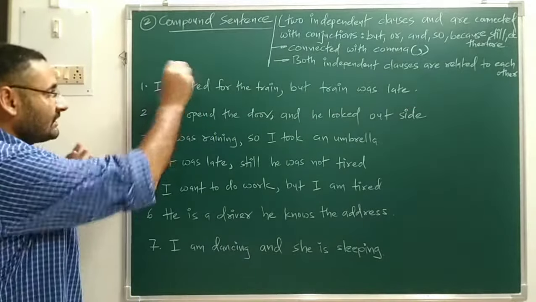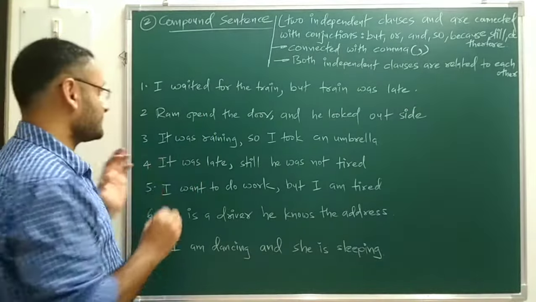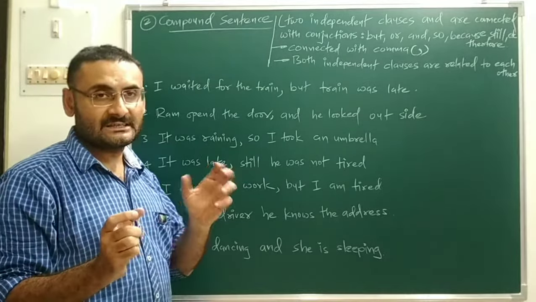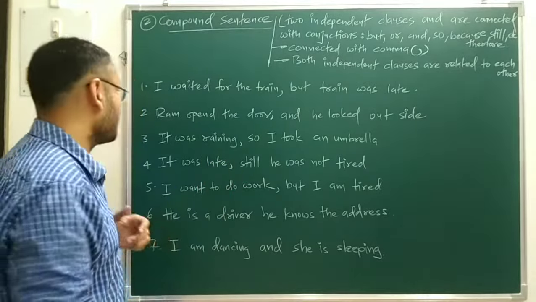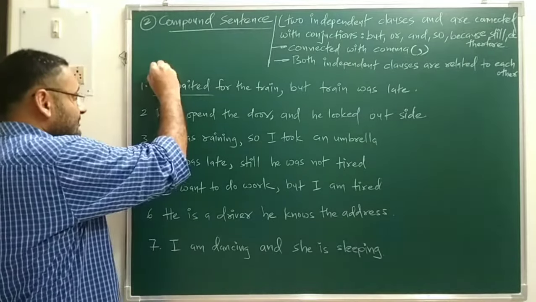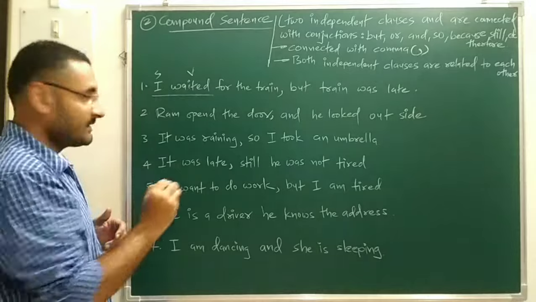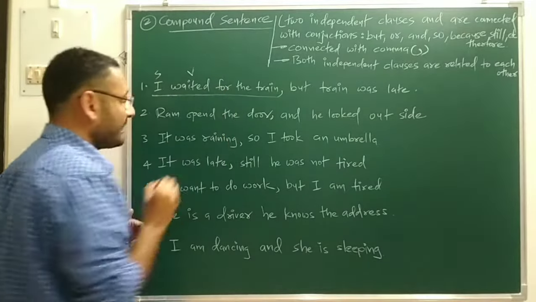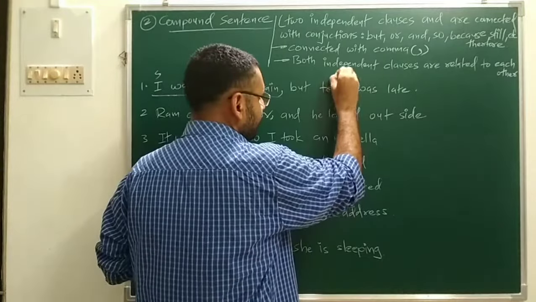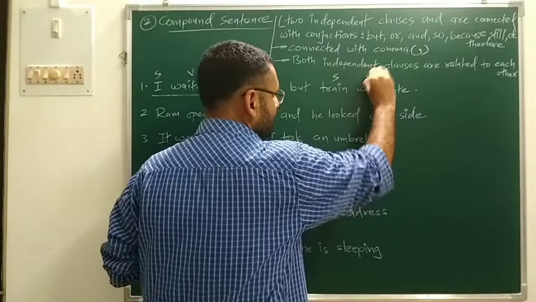So over here, first I will find independent clauses. Independent clause means what? It is a group of words which consists of one subject and one verb. So over here, I waited, that is your independent clause, that is your subject, that is your verb. One independent clause. Next is what? Train is one subject. Was means verb.